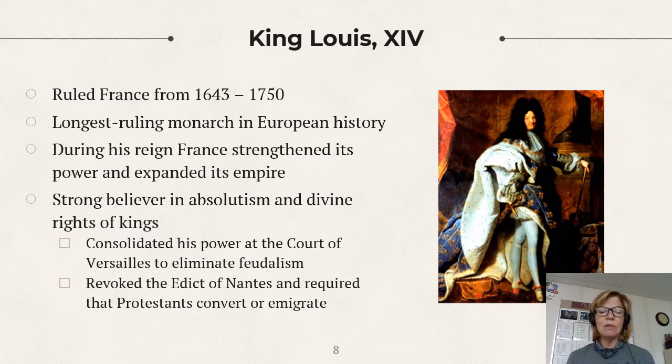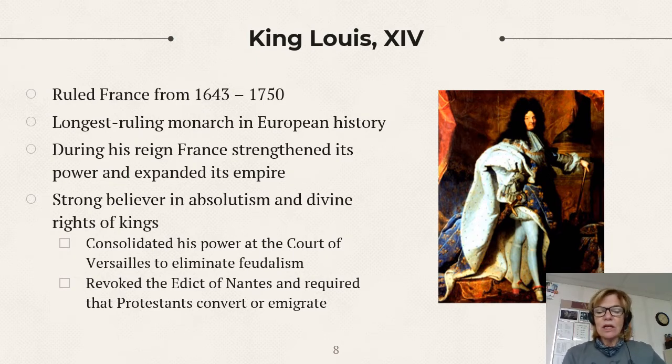So what he believed in was absolutism. As you can see there, he's a strong believer of absolutism, divine right. If you go against him, you're going against God, right? They actually referred to him as the Sun King, and he ruled for a very long time. Look at that, 1643 to 1750. It's believed that he was one of the longest ruling monarchs in the history of Europe, or he is, right?